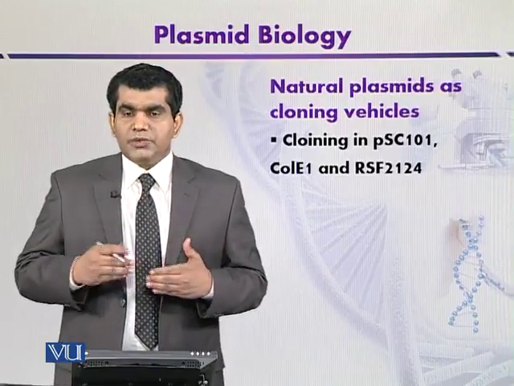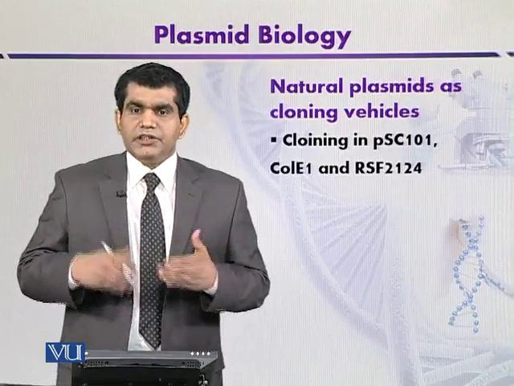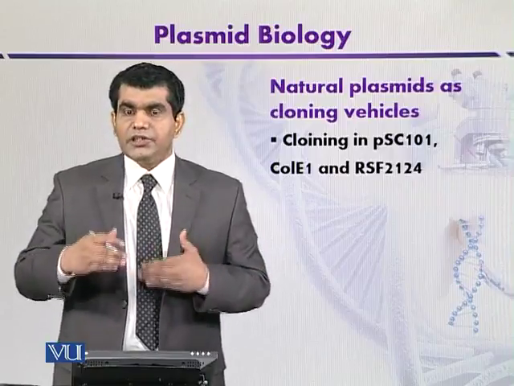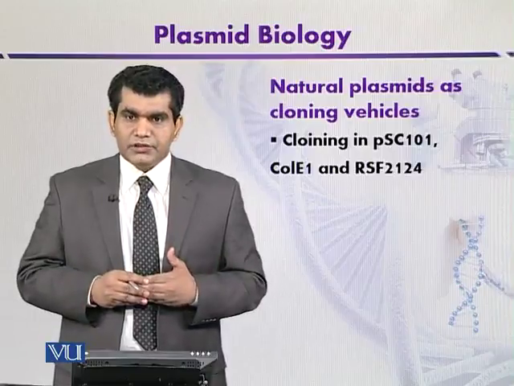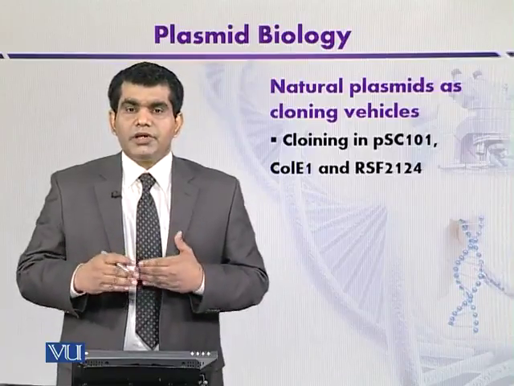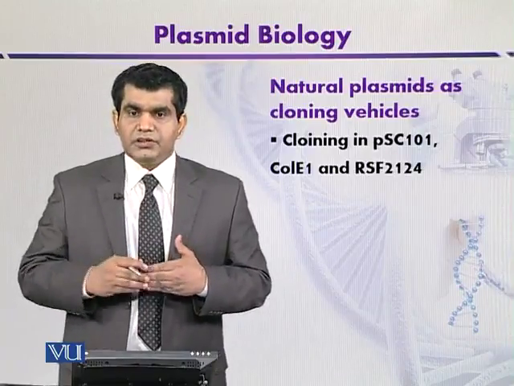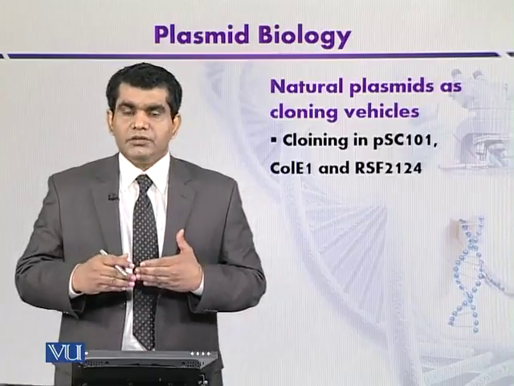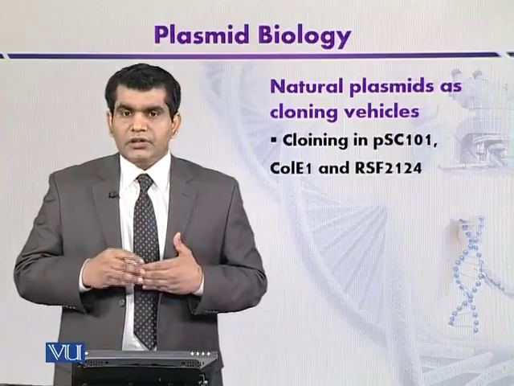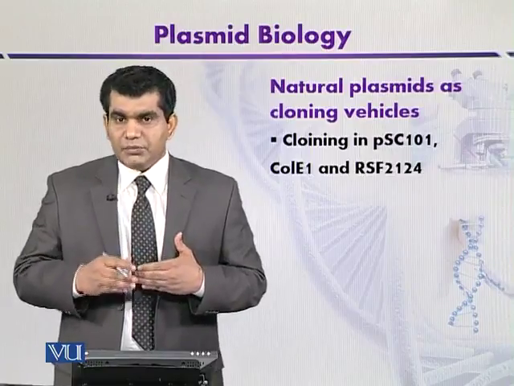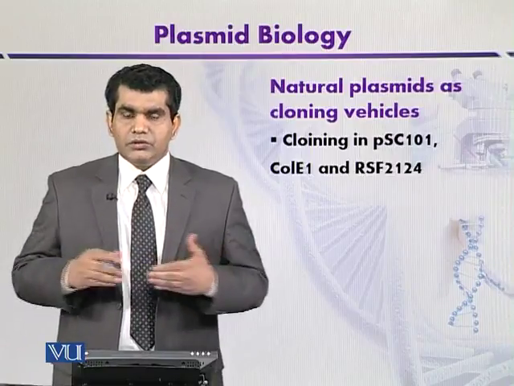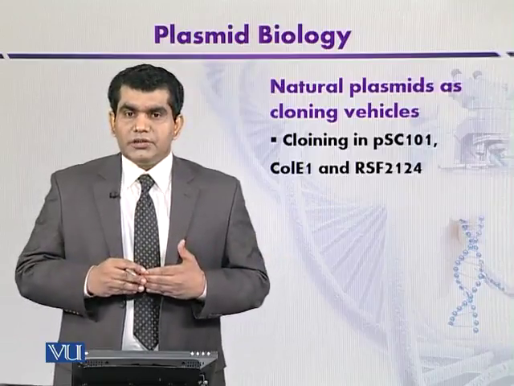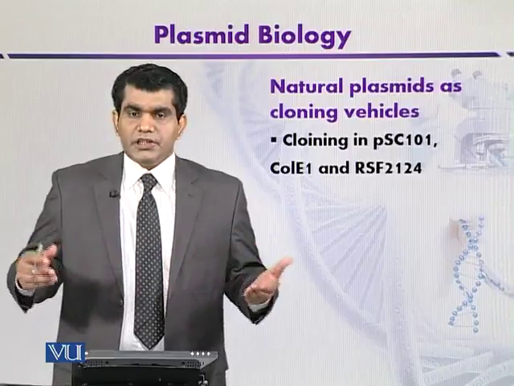Although plasmids like col E1, when inserted into E. coli cells, are naturally high copy number plasmids, their copy number can be further increased if the cells growing in log phase are treated with an antibiotic like chloramphenicol. Chloramphenicol is an antibiotic that can inhibit protein synthesis.